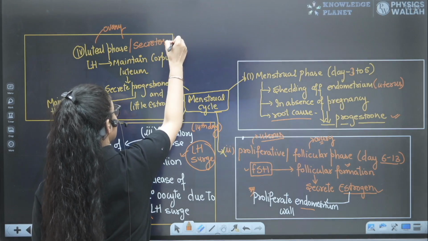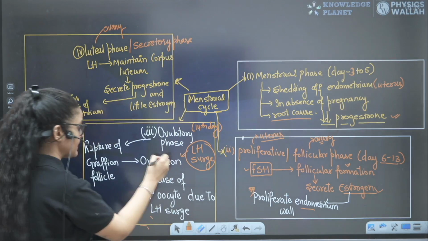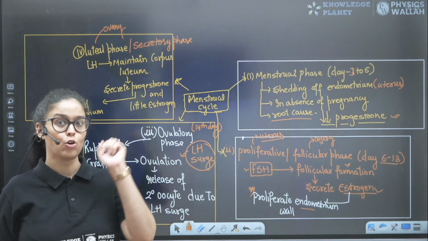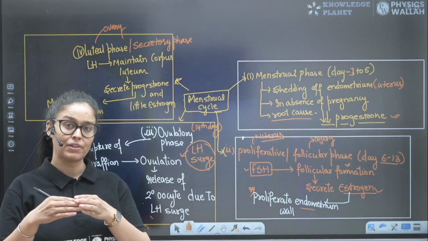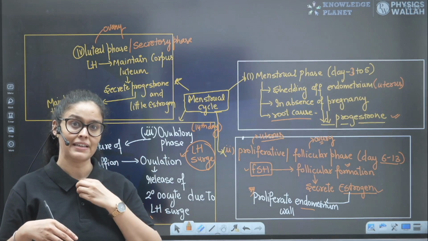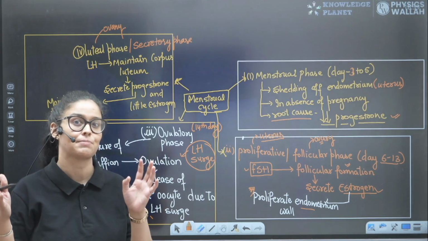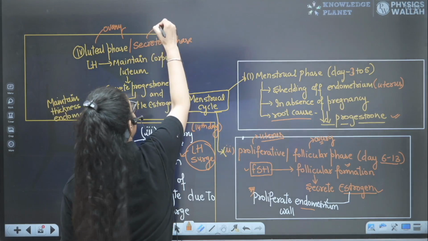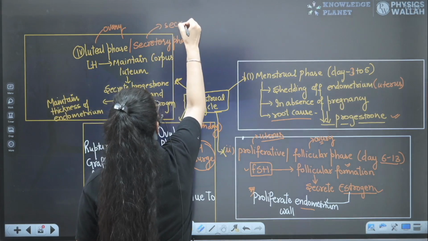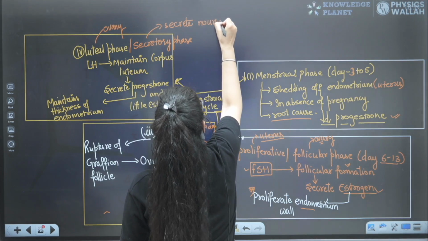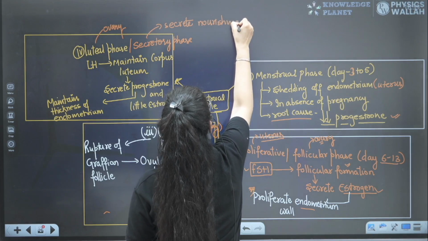Because in hope that the egg that has been released during ovulation will go to the ampulla region, sperm will come and fertilize it, it will come to the uterus for implantation, and I'll provide huge nourishment to it. So it starts secreting nourishment, and that's why we call it the secretory phase. It secretes nourishment in hope that the embryo will come and I'll provide nourishment, right?